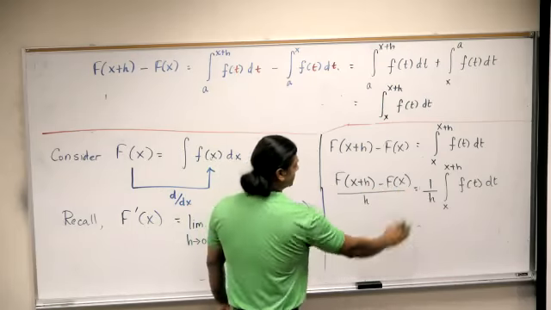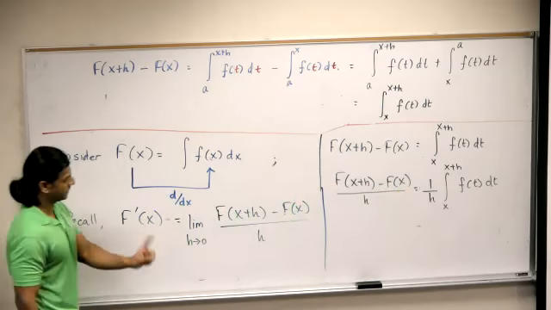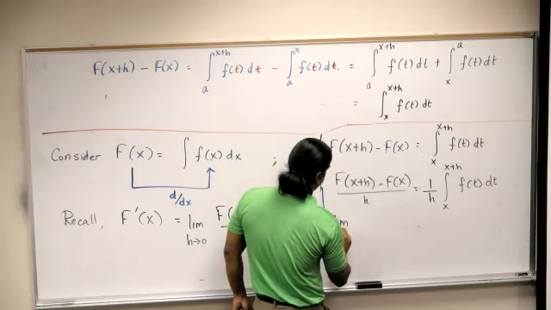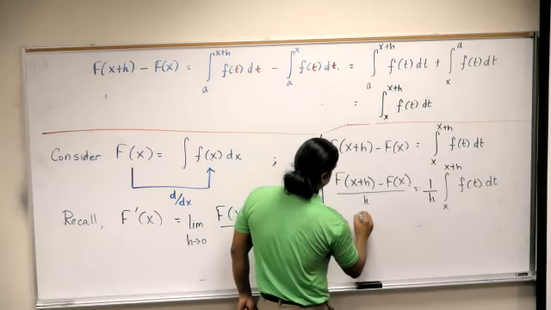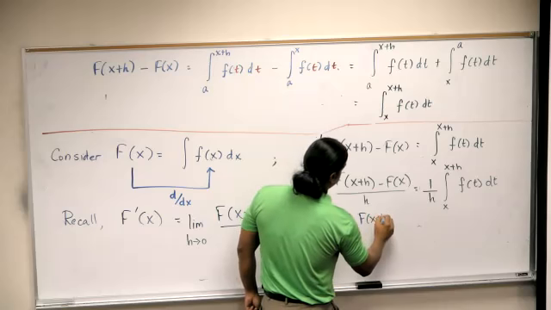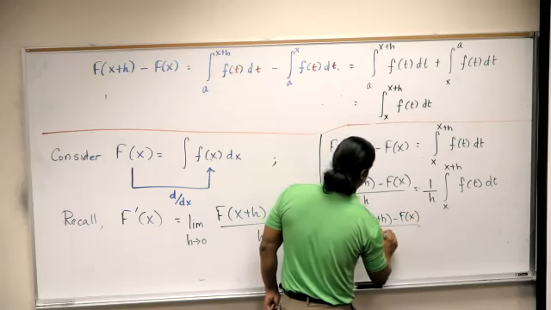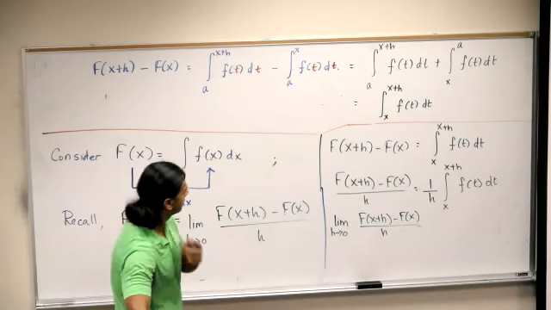So if I took the limit as h approaches 0 on both sides over here, nothing happens to that h at the top.